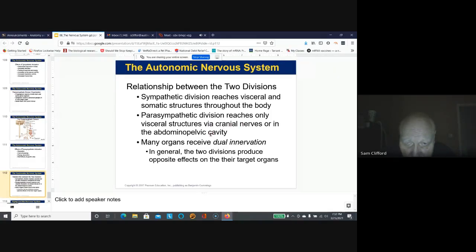And I just mentioned how the vagus is an extensive nerve with many, many destinations. Many organs have dual innervation. They have both sympathetic connections and parasympathetic connections and their opposite effects.